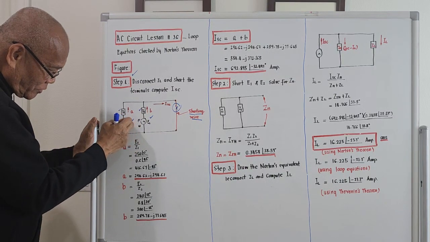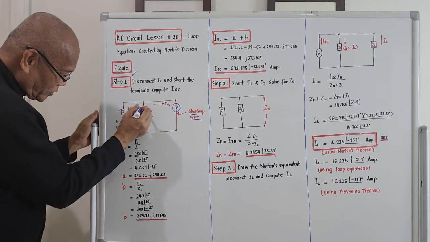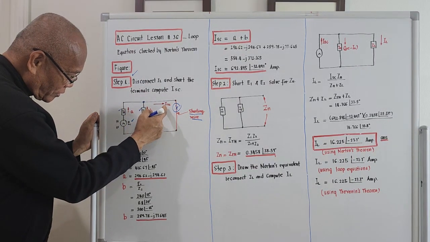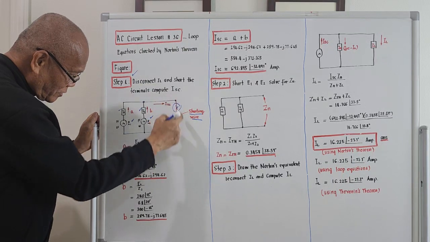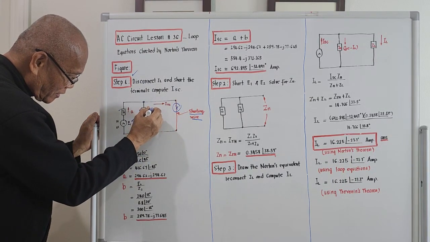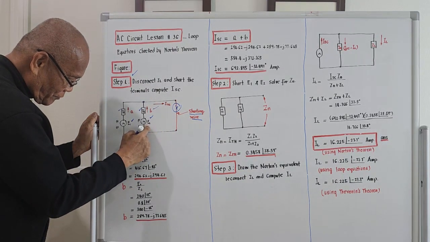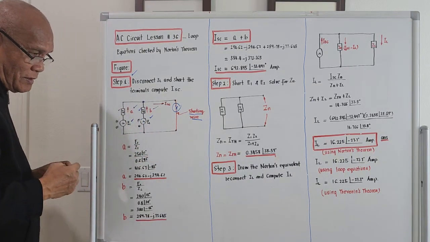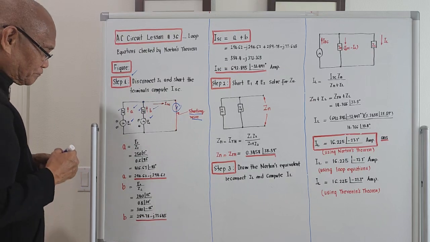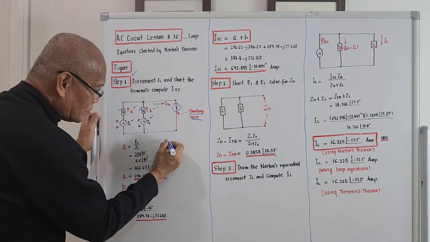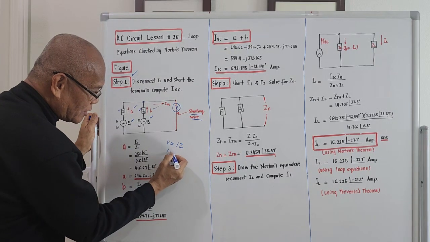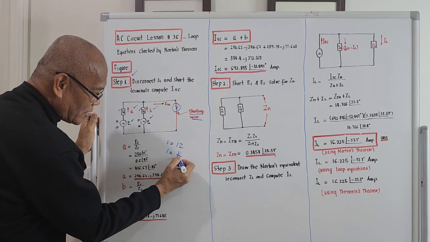Considering this node or junction, the total short circuit current, if we short out the terminals, should be the sum of the current from source number 2 and the current from source number 1.